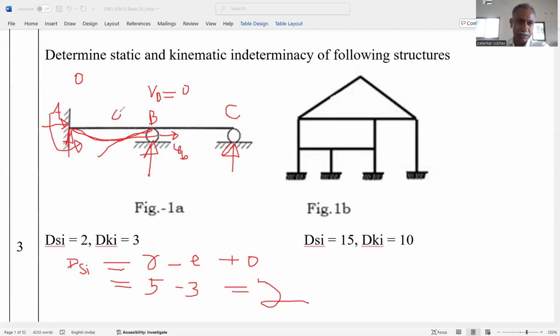So theta B towards A, because the roller support is there, and here theta B towards C. So theta BA and BC at support B. And at support C, theta C is there, and due to roller support we can say that the U at C is there.